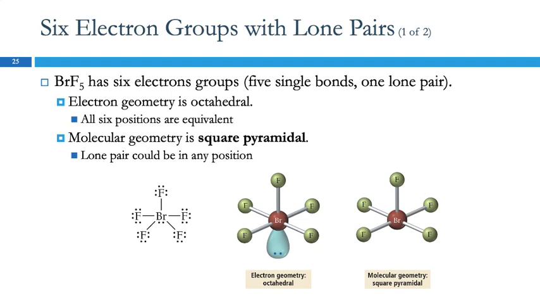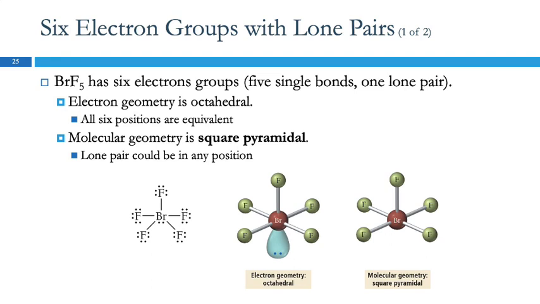Now with the 6 electron groups. I'm going to switch central atoms here. So 6 groups, 6 balloons make an octahedron.